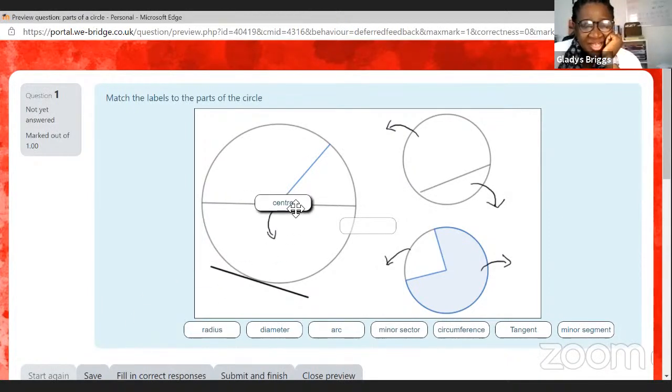Oh, it's not working. This is the one that is not working. All the links did not work. So that one needs to be corrected for next year, not for this year, because I'm not going to use it if it's not working, unless I have the time to fix it up.